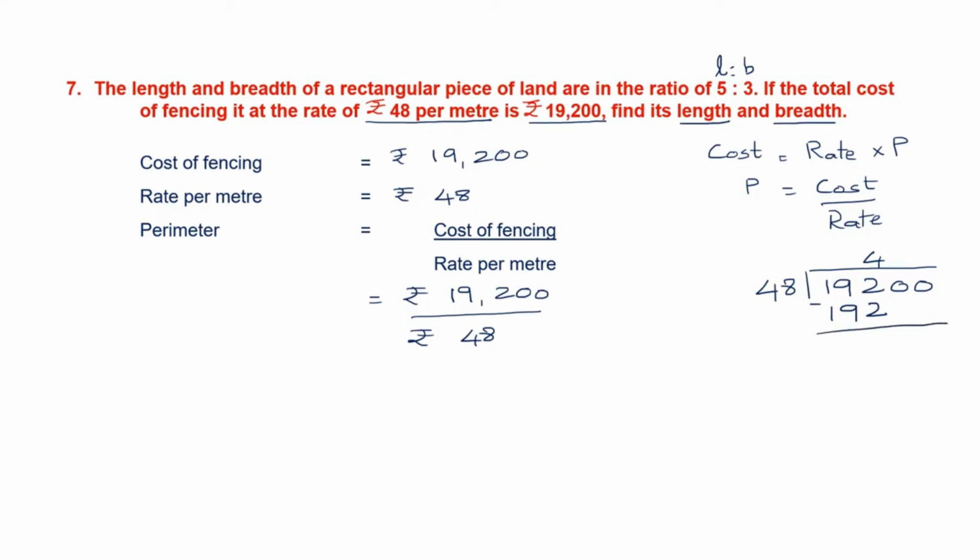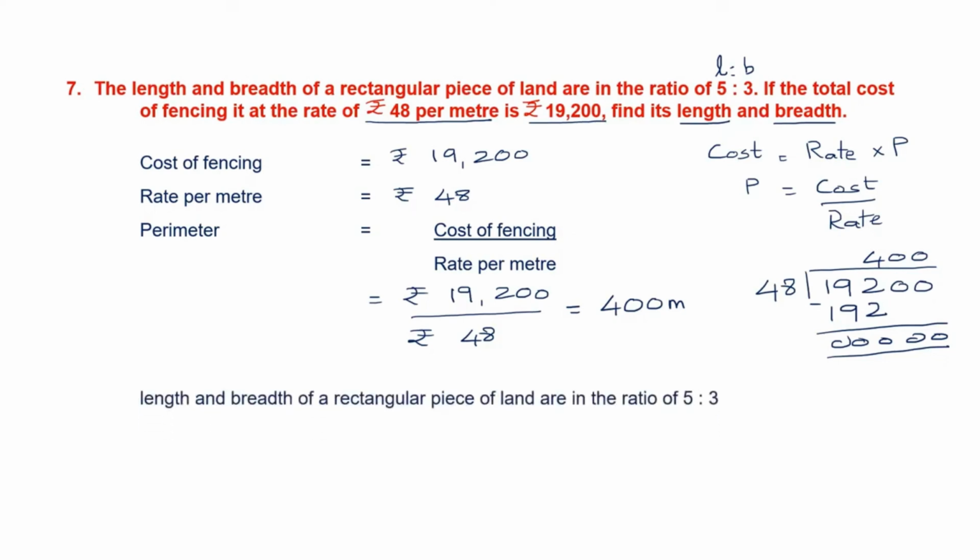So we get the same number, now 0, and we have two zeros which we can carry down. So now we've got our answer there, 400. That means the perimeter is 400 meters. So we have found the perimeter to be 400 meters. Now let's continue. Length and breadth of a rectangular piece of land are in the ratio 5:3. We saw that in the beginning.